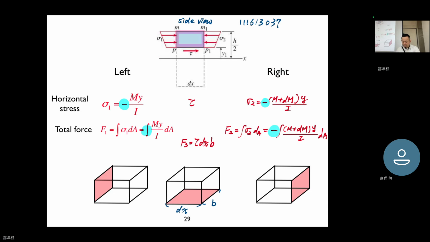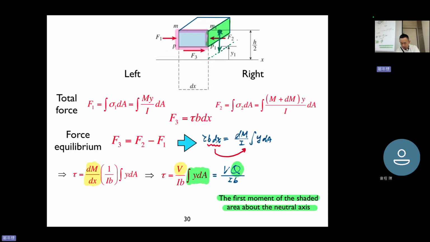After that, we conclude that tau is VQ divided by IB. What is Q? Q is actually the distribution of the area with respect to the neutral axis.